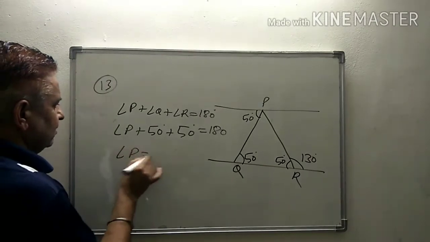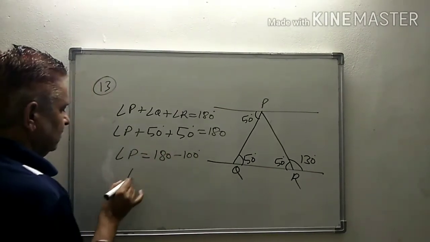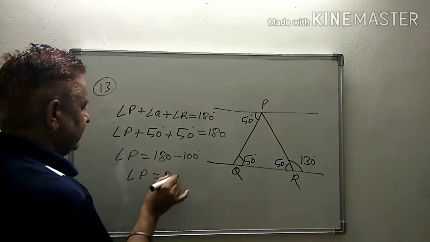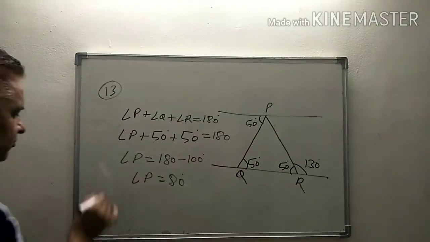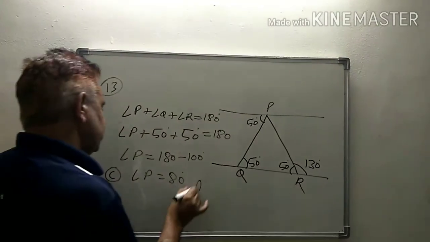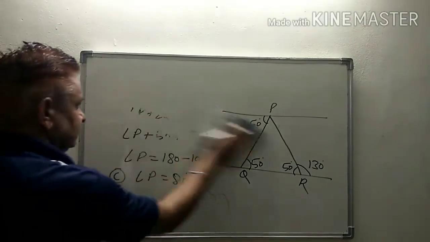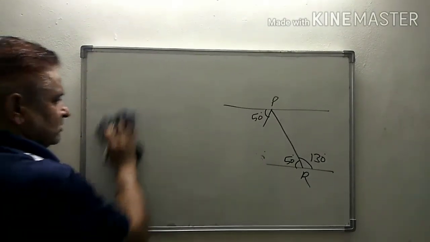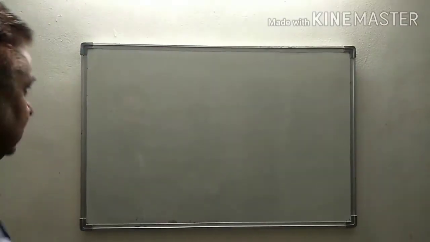Angle P equals 180 minus 100, angle P equals 80 degrees. Right? And the right option is C. After this, the last question of the day, question 14.